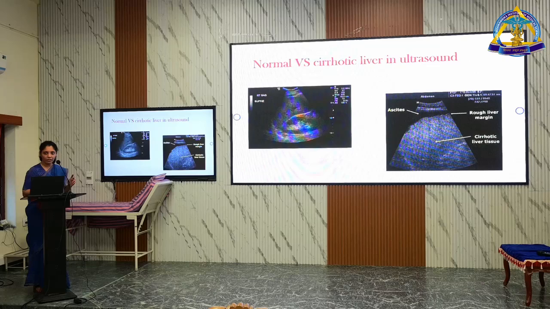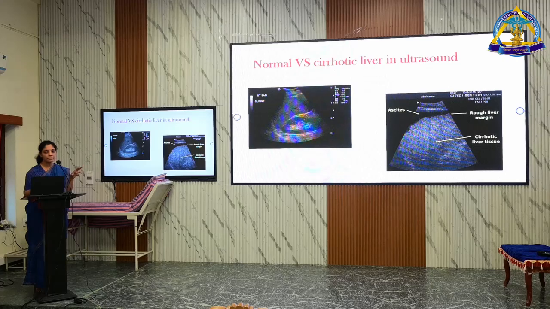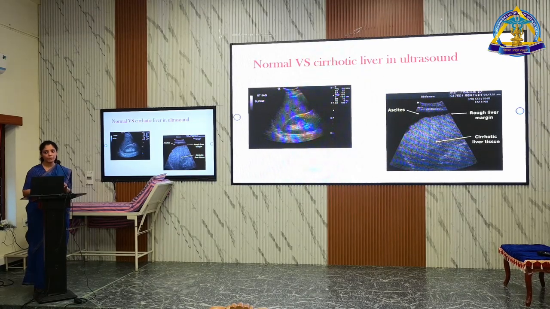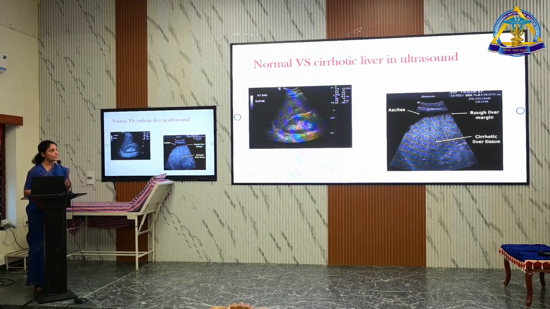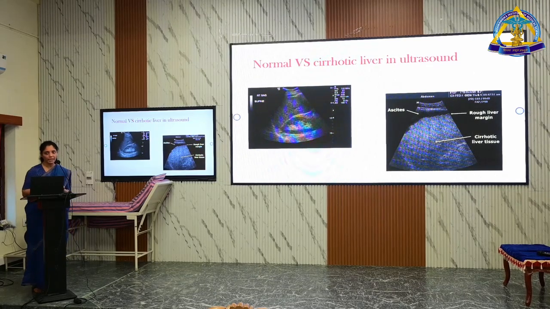I don't have pictures for that. Then we see the spleen also. When we go to the left hypochondrium, we measure the spleen, and if the product of length and breadth of the spleen is more than 55, it is splenomegaly, which means it is portal hypertension.